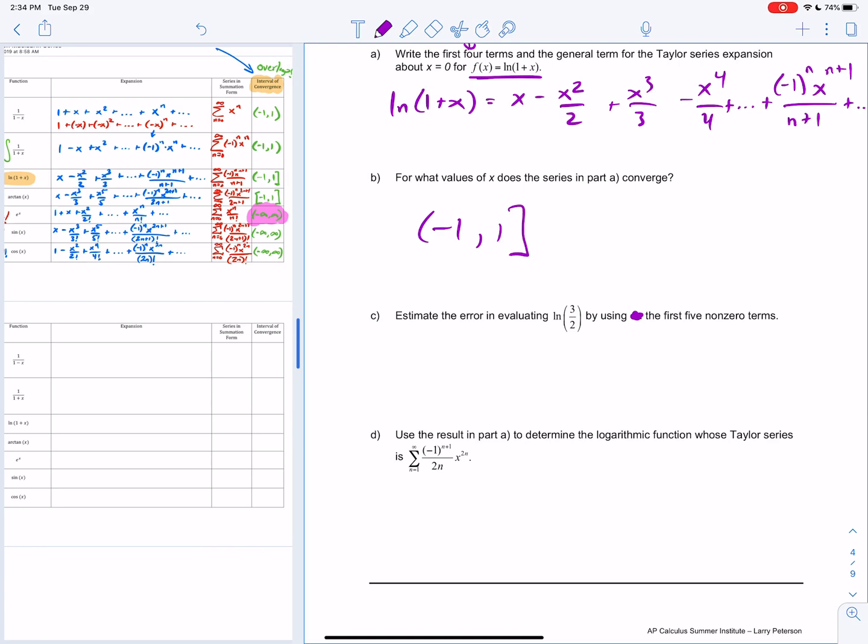So if you want to find out the natural log of 3 over 2, again, 3 over 2 is the same thing as 1.5, okay? That means x right here has to be 0.5 or 1/2 equivalently. All right? So the first 5 non-zero terms, here we go.